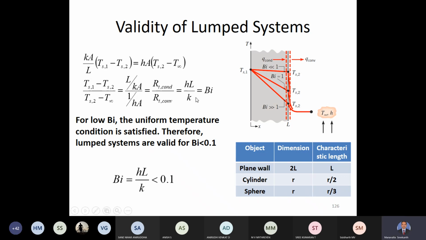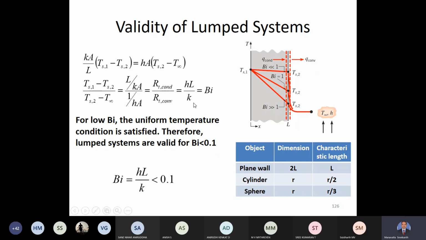Now, if you evaluate this, it will turn out to be HL by K. So this A and A will cancel, H will go to the top along with L, and K comes to the bottom. So HL by K does not have any units because it is a ratio of two resistances, and these two resistances have the same units. Therefore, HL by K has no units.